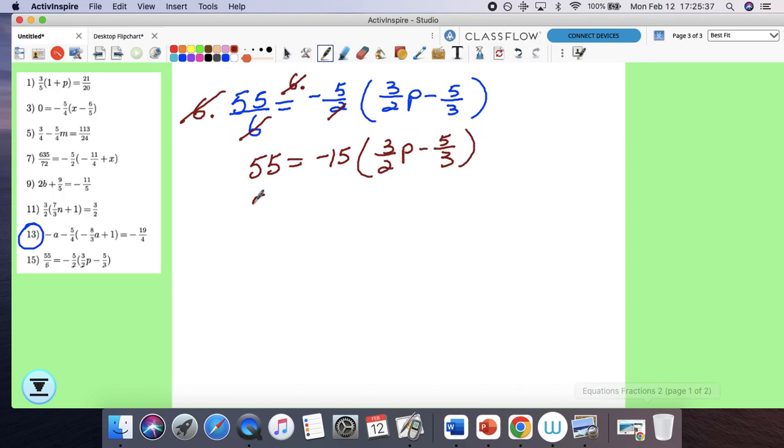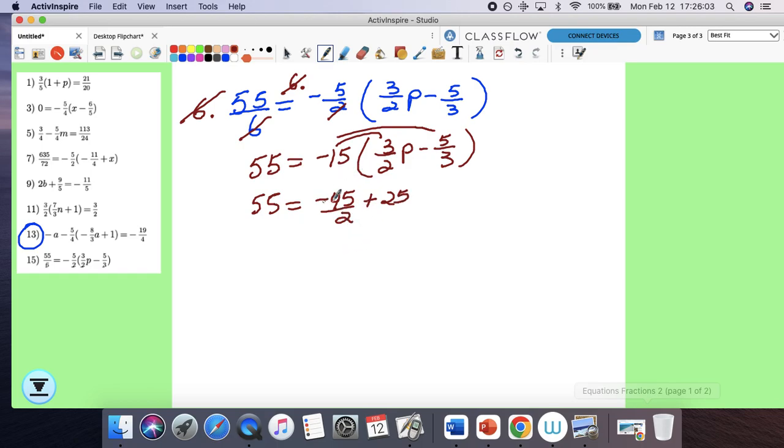Now notice that when I do the distributive property now, it's not really going to work with the 2, because 15 and 2 don't simplify, so 15 times 3 is 45, and I'm going to get it over 2. Negative 15 times negative 5 over 3 does simplify. 15 and 3 simplify to 5, and I multiply the 5 on top, I'm going to get plus 25, but I still get a fraction.